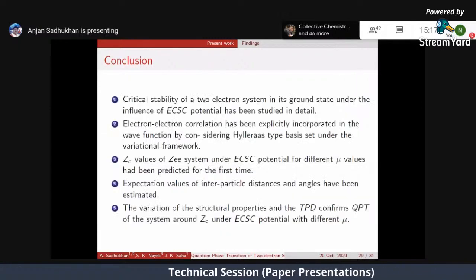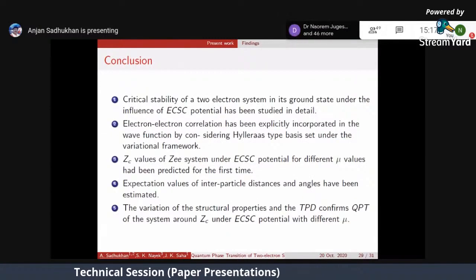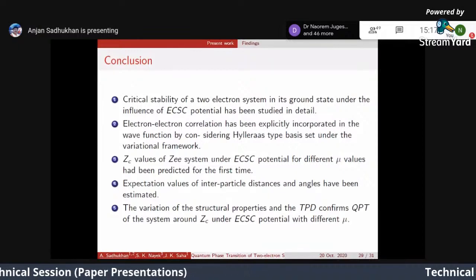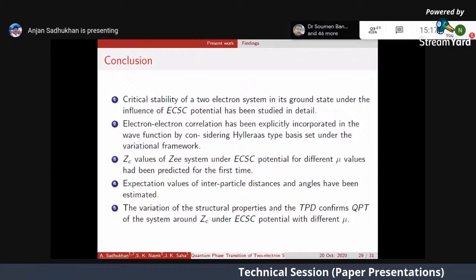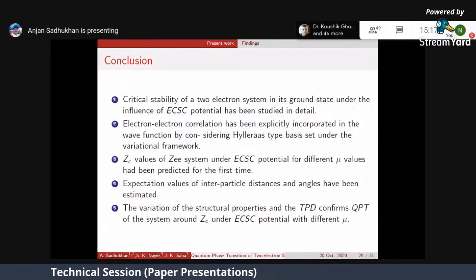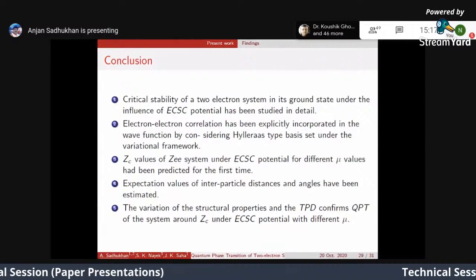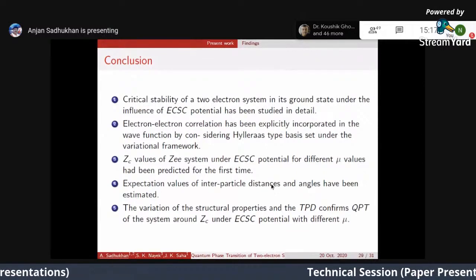Now the conclusion part is that we have discussed elaborately the critical stability of a two electron system in the ground state under the influence of ECSC potential, and the electron-electron correlation has been explicitly considered by using a Hylleraas type basis set.